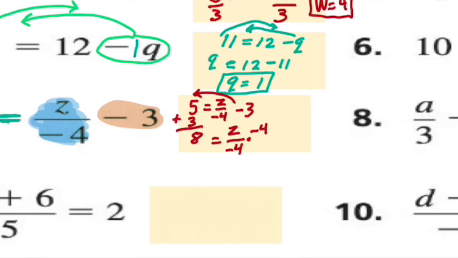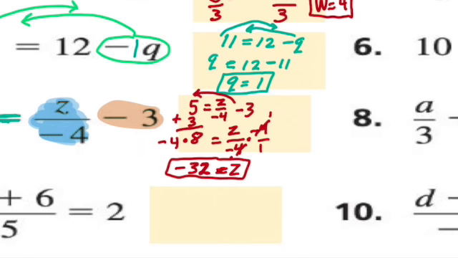So we reduce. So then come over here and times by negative 4. So we get z equals, and we can't forget those sign rules, negative 32, and that is a z. So we get z equals negative 32, and that would be the answer here.